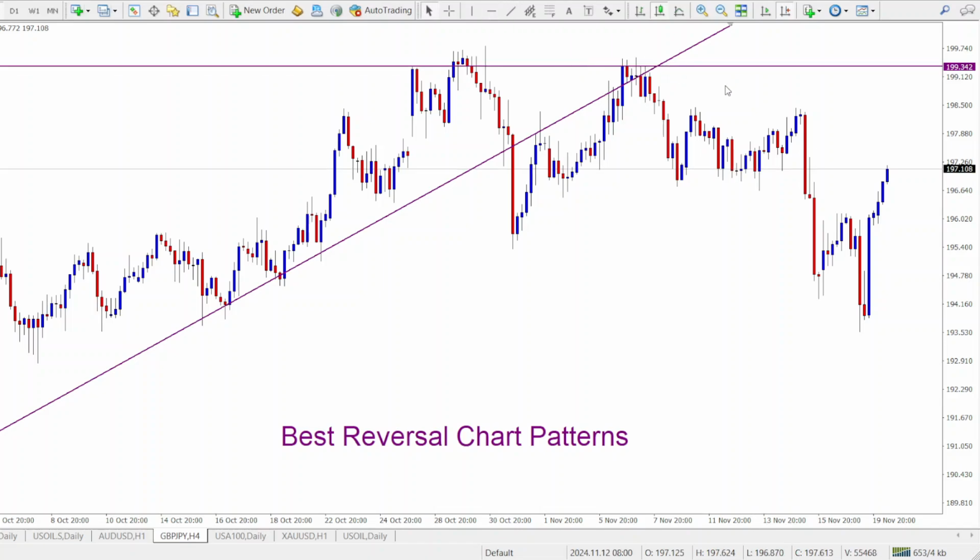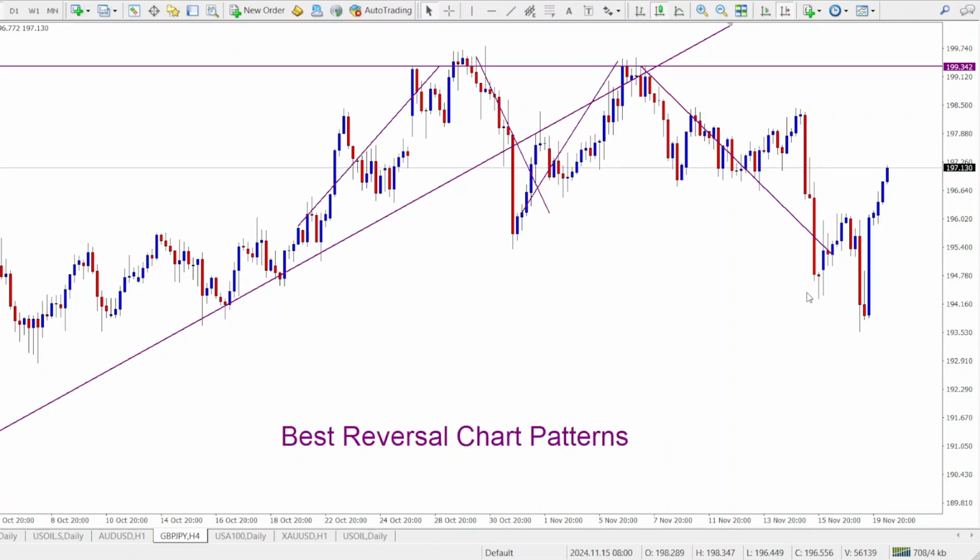The double top, the M formation, is a bearish reversal pattern. And one thing to know is that a reversal pattern occurs at the end of a trend. So we had a bullish trend here, and we had this M pattern formation, and we can see that the price began to reverse afterward.